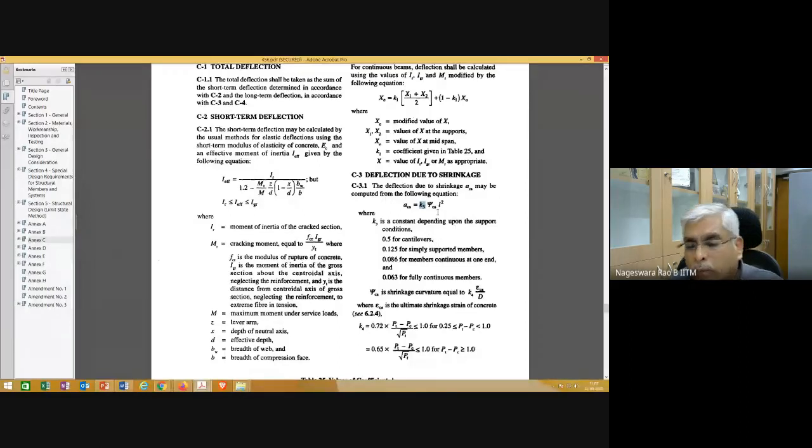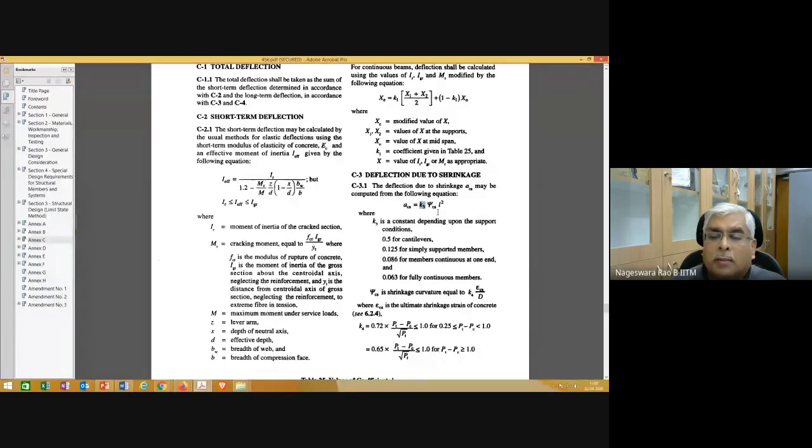Mostly, whatever equations or expressions you see in code books are based on either experimental results or minimum experimental results, and then some experience. So most of the relations are going to be empirical in nature.